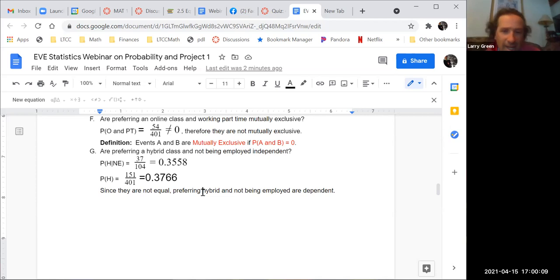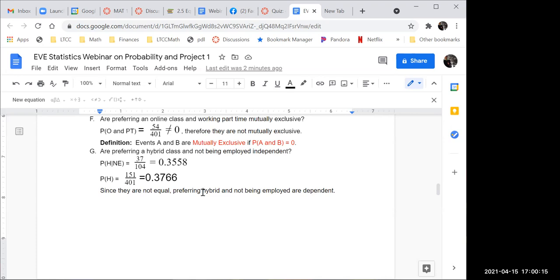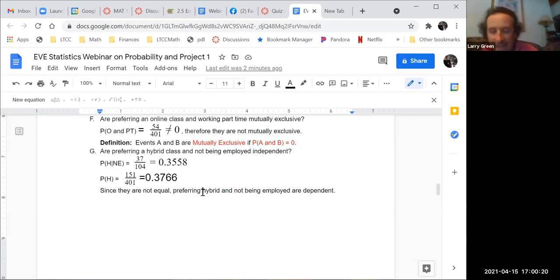On the other hand, let's suppose A is the event that somebody gets a bachelor's degree in engineering, and B is the event that somebody makes more than $50,000 a year.